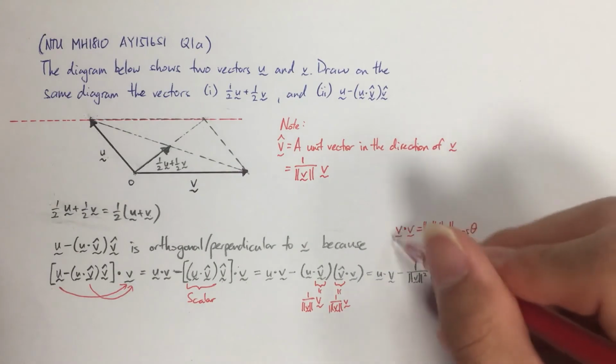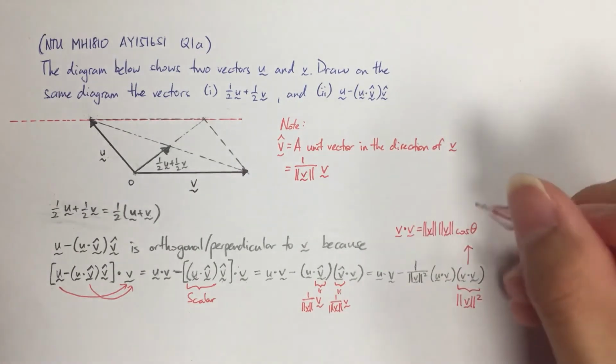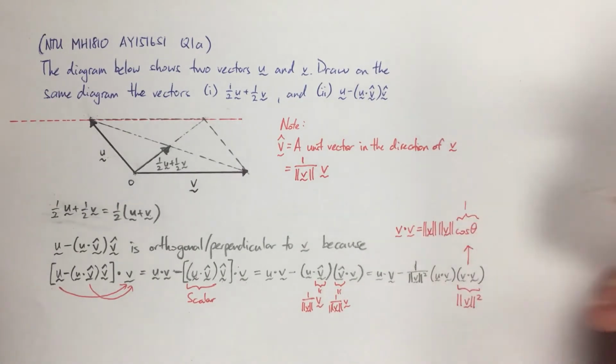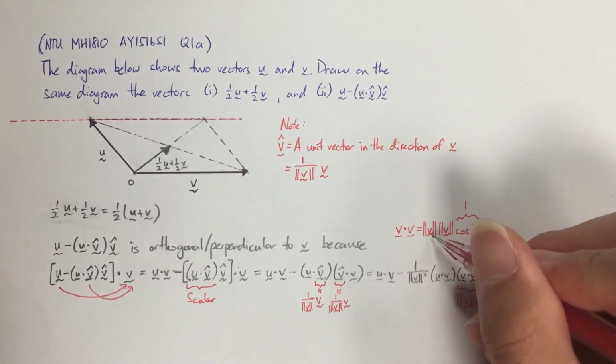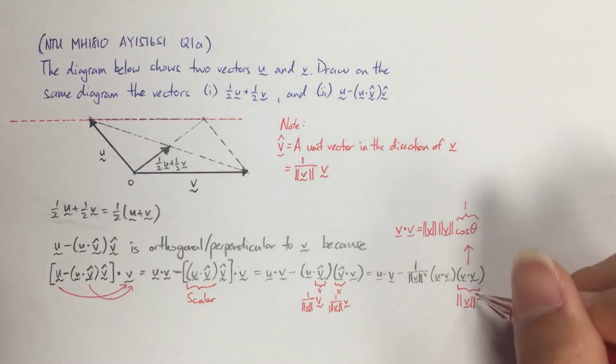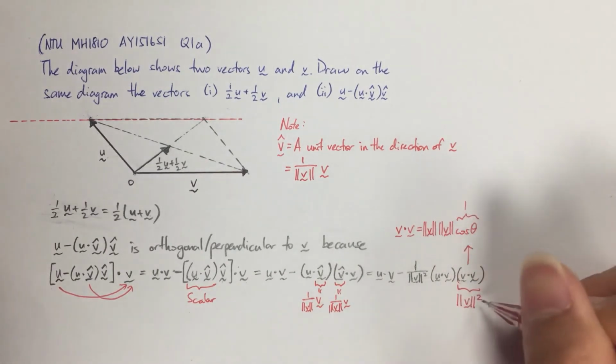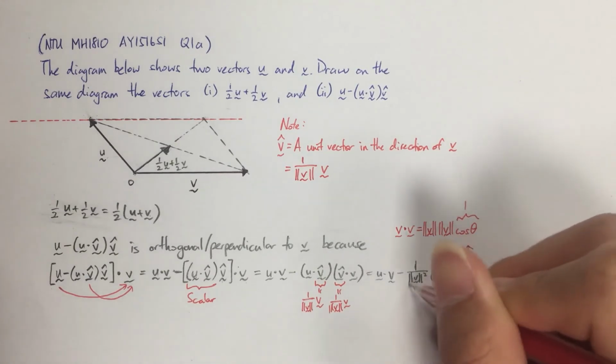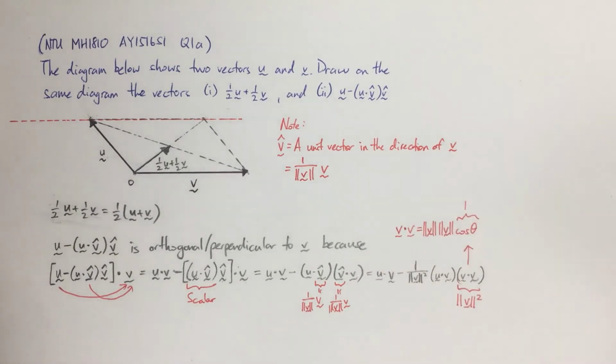And obviously the angle between two identical vectors v and v is 0, so cosine 0 is 1. So v dot v is really just length of v times length of v, which is length of v squared. And then this is 1 over the length of v squared, so we can just cancel them away.